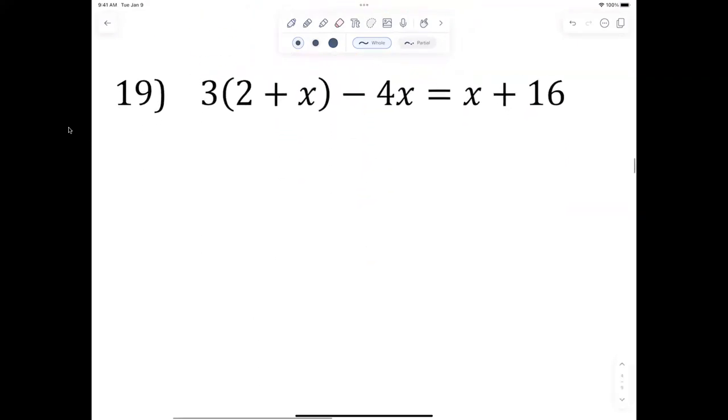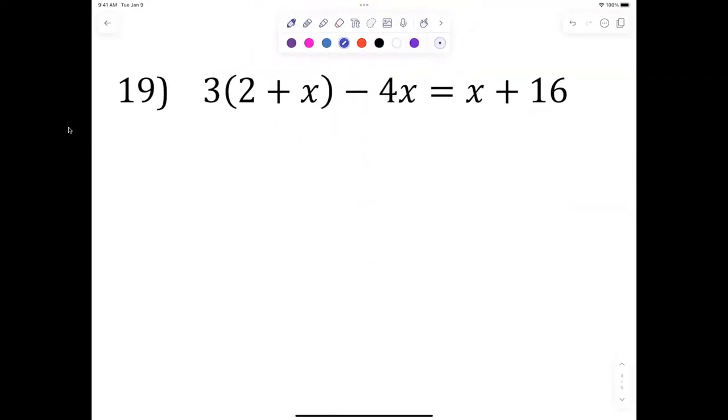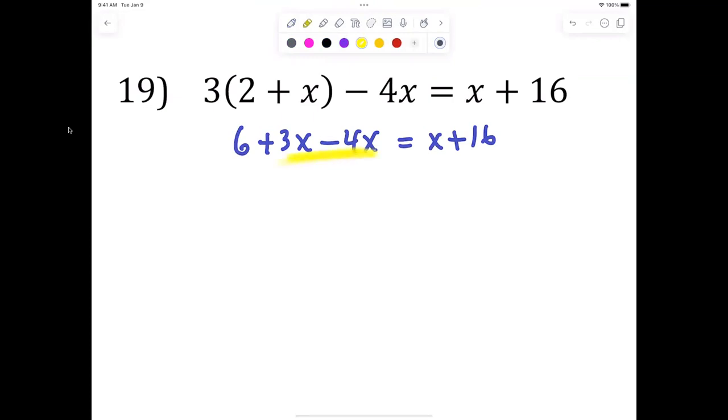All right, here we go. Another long one. 6 plus 3x minus 4x equals x plus 16. Once again, please, right, Peter? Combine these right off the bat. 3x minus 4x is what?